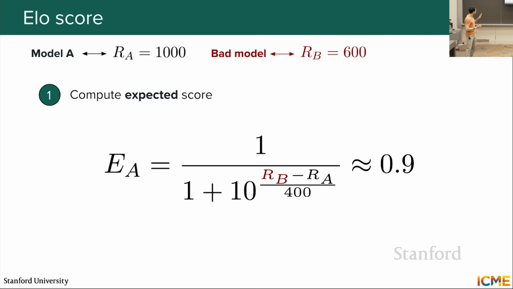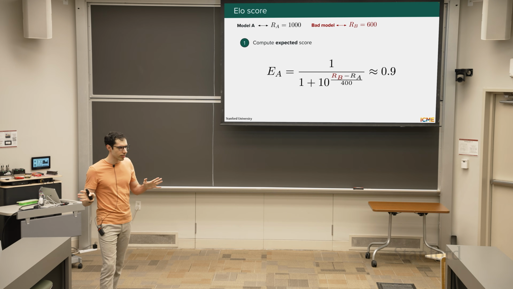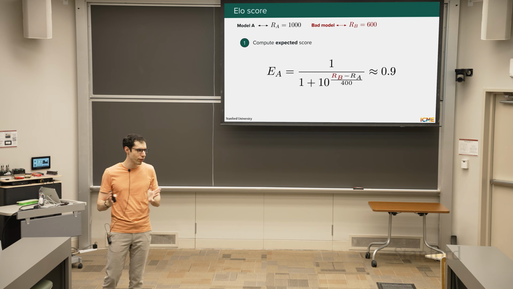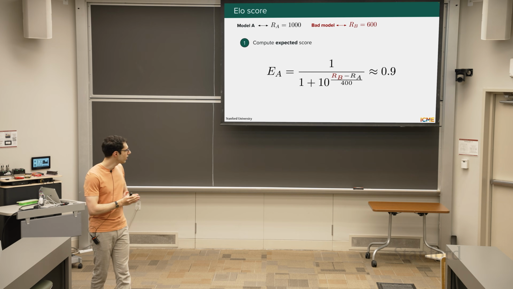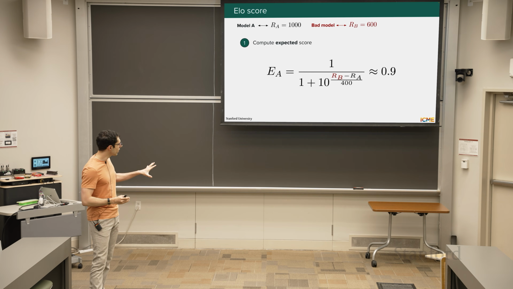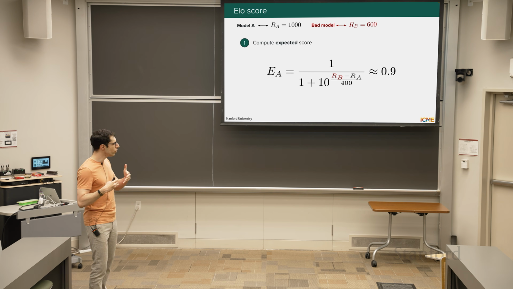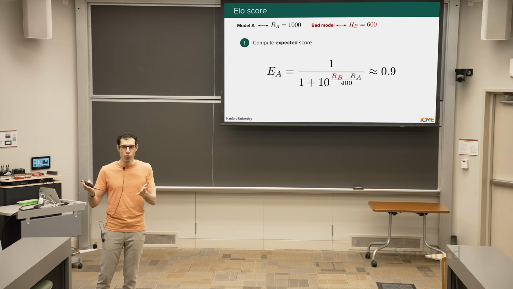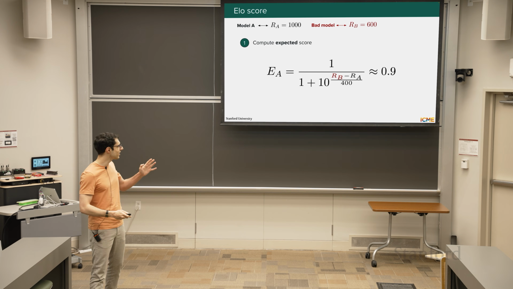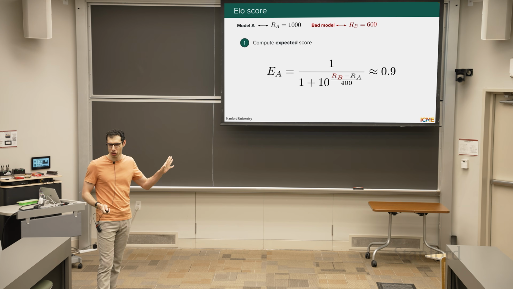The formula would be 1 over 1 plus 10 to the power of the rating of the model that you're competing against, minus your rating, over some arbitrary constant. And let's assume that that constant is 400. Then this quantity would be your expected winning chance. And so here it's 0.9. So 90% chance of winning.